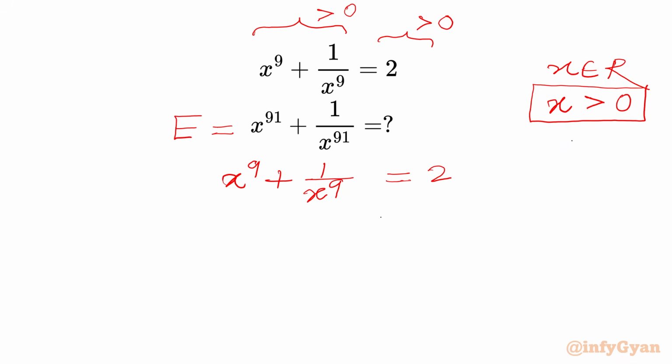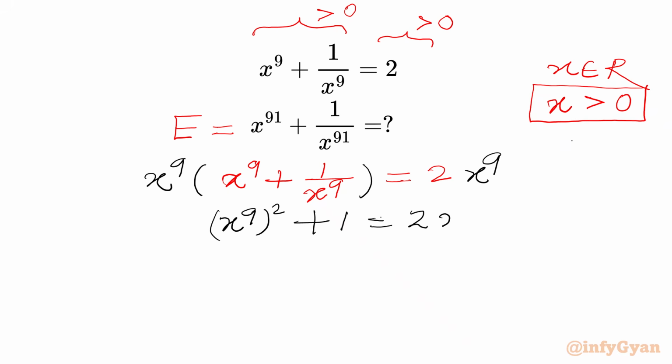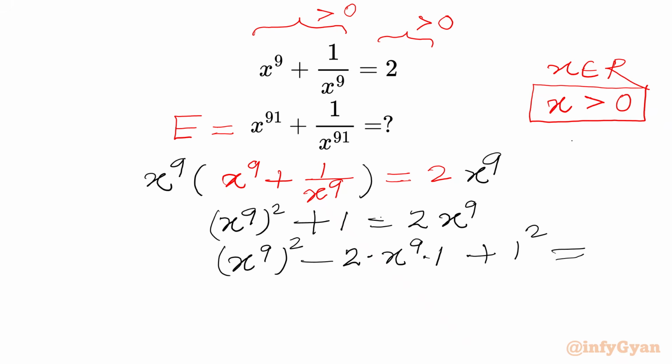So we can multiply both sides by x power 9. Let's multiply the RHS also by x power 9. We will get x power 9 whole square plus 1 equal to 2 times x power 9, which we will write as x power 9 whole square minus 2 times x power 9 times 1 plus 1 square equal to 0, and this is a square minus 2ab plus b square, which is a minus b whole square.